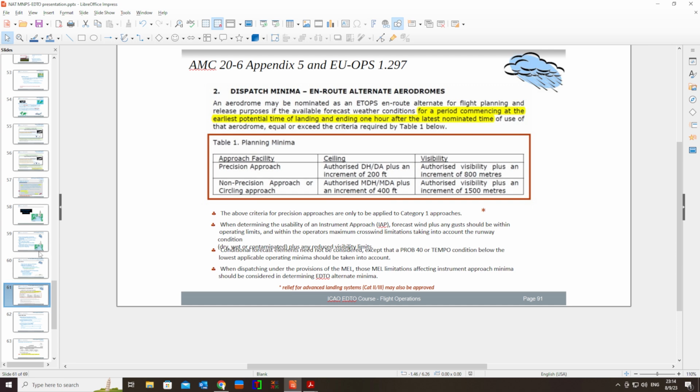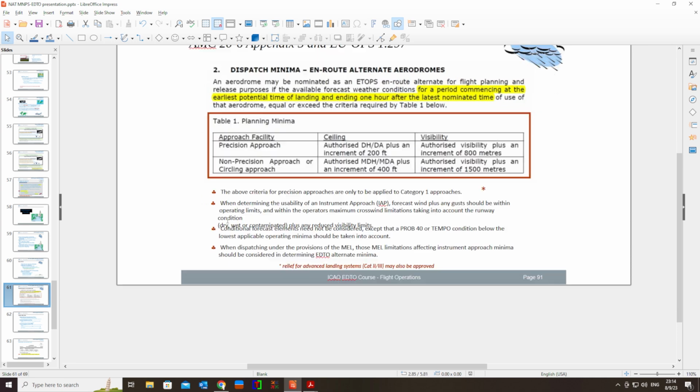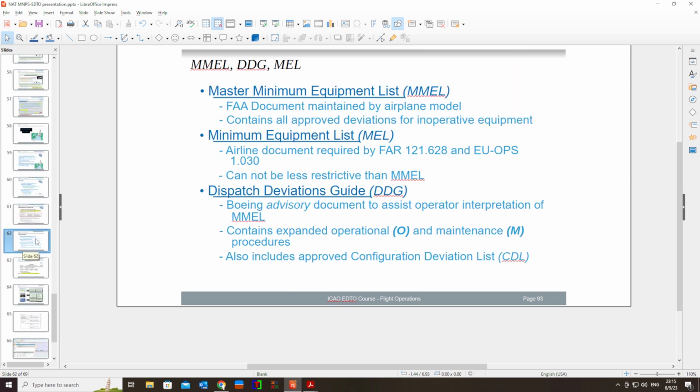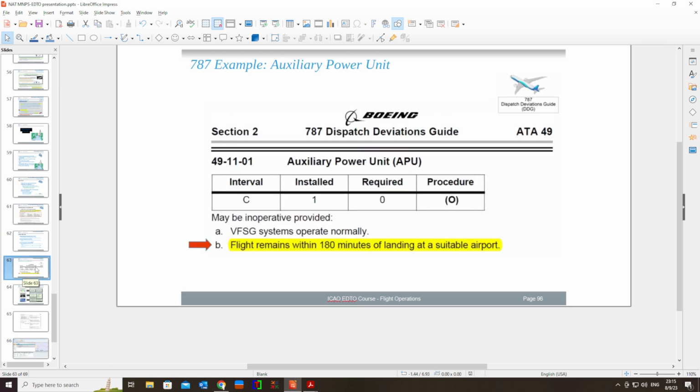The minimums, planning minima, we already know that we need to have at least a VFR or minimum marginal when we are diverting. So we need to pay good attention to our alternate airports, and the crew also, they need to keep themselves aware of what is happening.